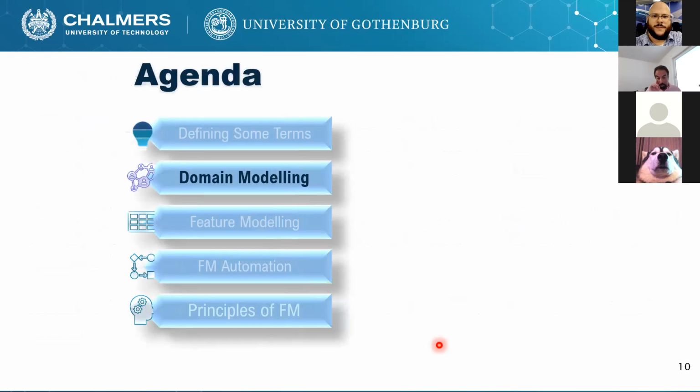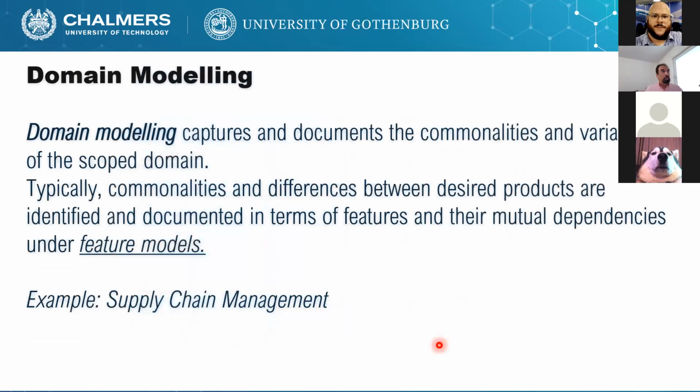Okay, this was just a warm-up for you to remember the concepts, and let's indulge ourselves in some domain modeling and feature modeling. As it's mentioned here, domain modeling deals with capturing and documenting the commonalities and variabilities of the scope domain.